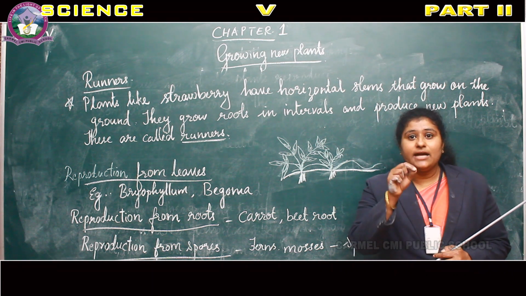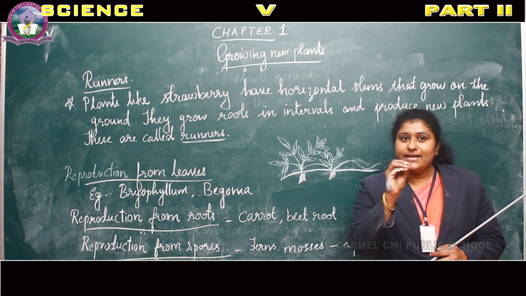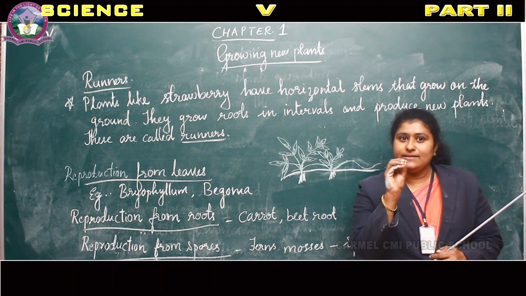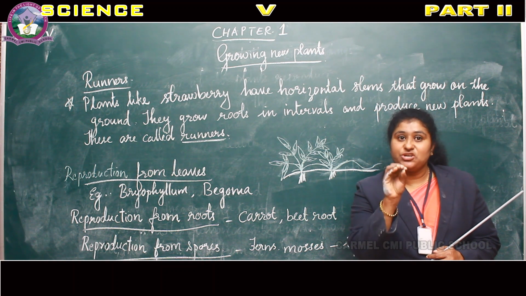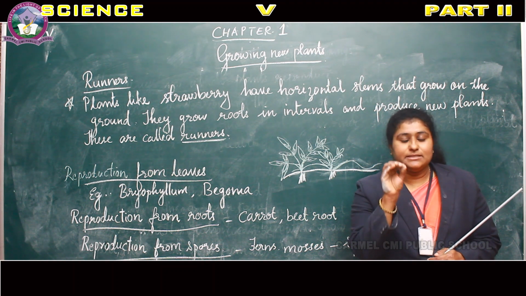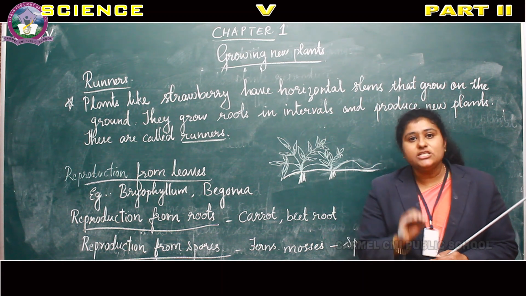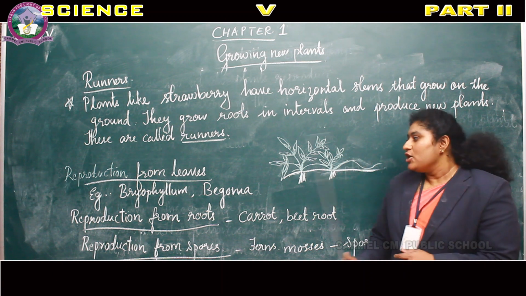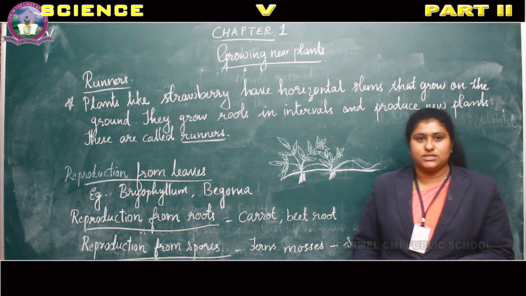On the underside of the leaf we can see brown spots. That structure is called sori. Inside this structure, a special thing is present, that is called spores. These spores grow and become a new plant. So that is reproduction from spores.